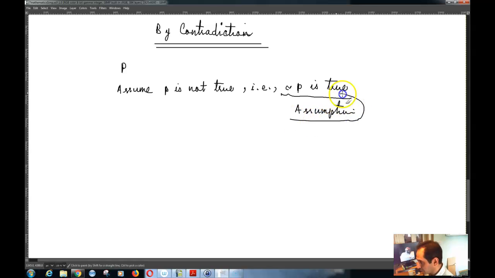Then, after going through some algebra or geometry, or some construction work, construction meaning drawing geometric figures and things like that, you arrive at some result that contradicts your assumption.